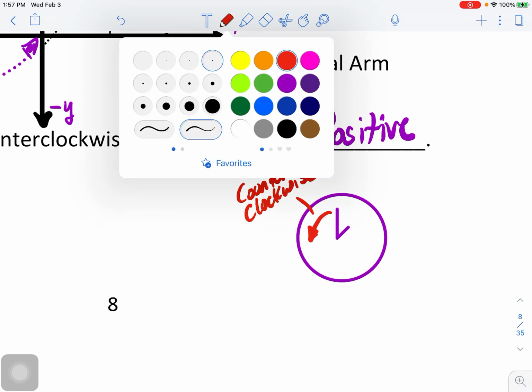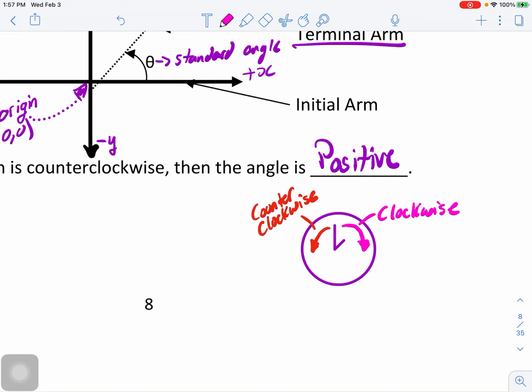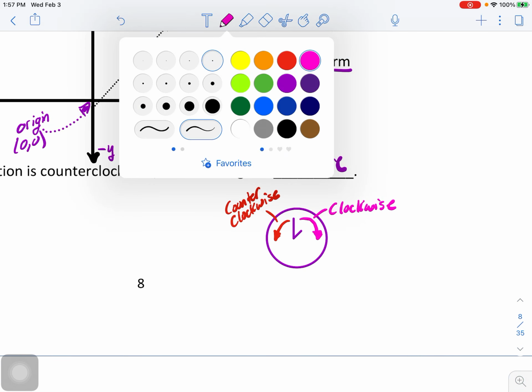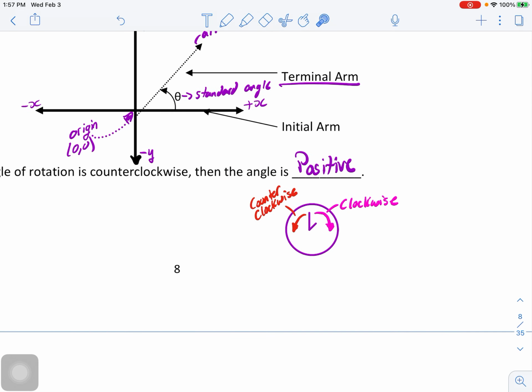And then if you have an angle that's measured going this way, that's known as clockwise. Us millennials might not even know what that means because who sees a clock that looks like that anymore? Just kidding. But I guess the Apple Watch does have that version where you can see a hand type of clock. Anyways, when you have a positive angle, it's when you're measuring it counterclockwise.